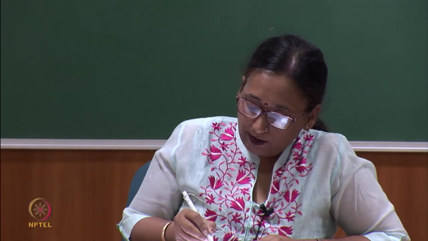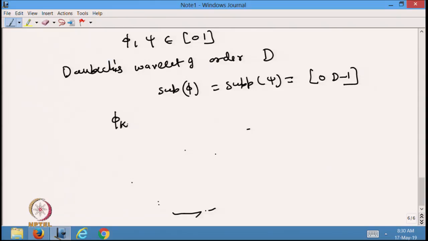So, what will be the support of this function which is dilated by 2^j and translated by k?